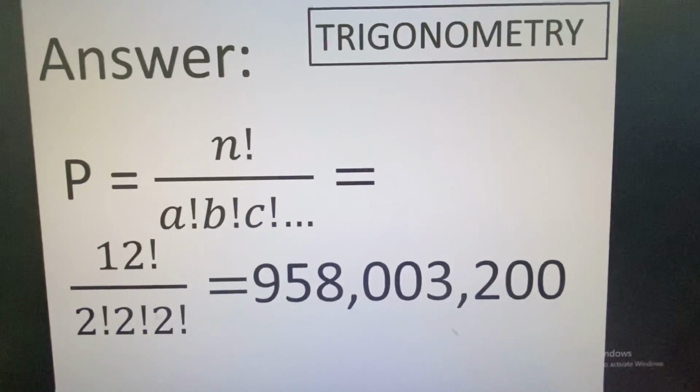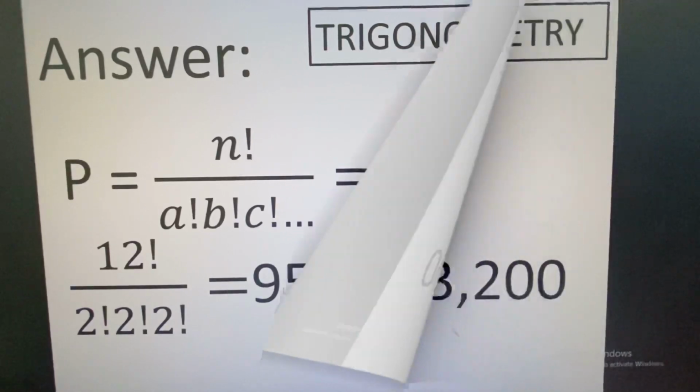So in short, the calculator will not read this expression. So all you have to do is encode in the calculator 12 factorial over 2 factorial times 2 factorial times 2 factorial. Then you will get this result.